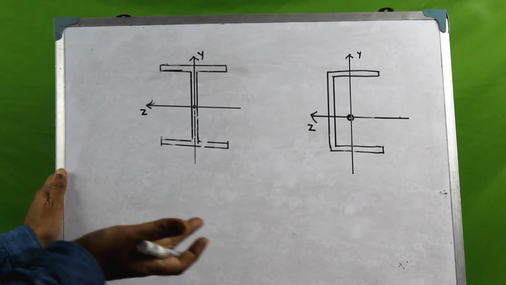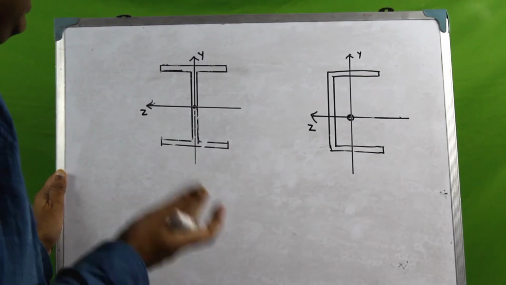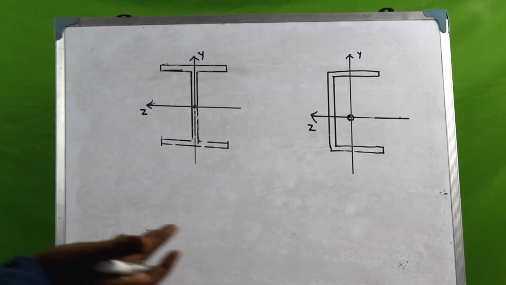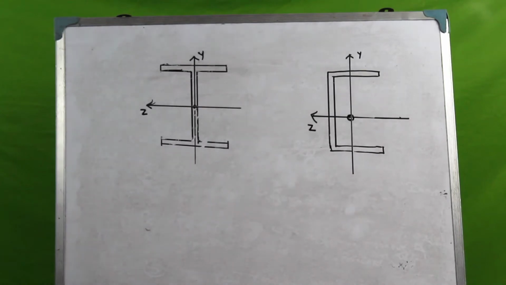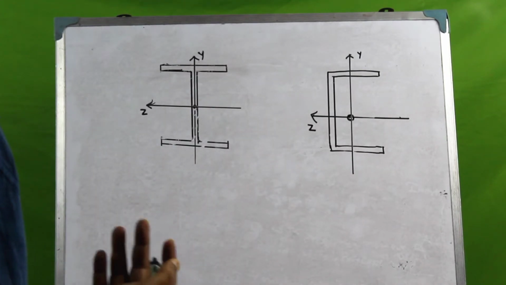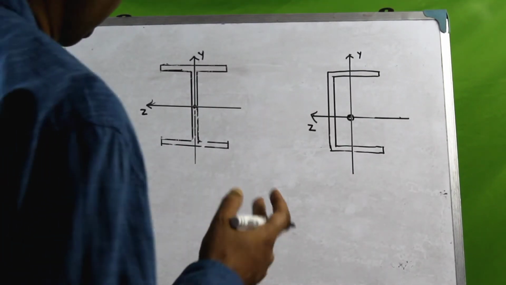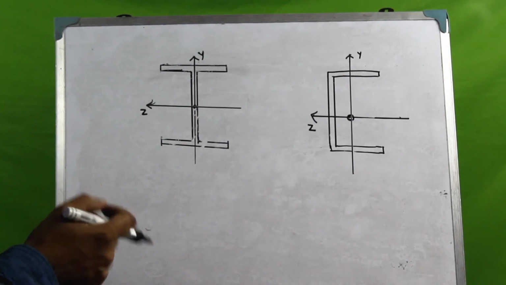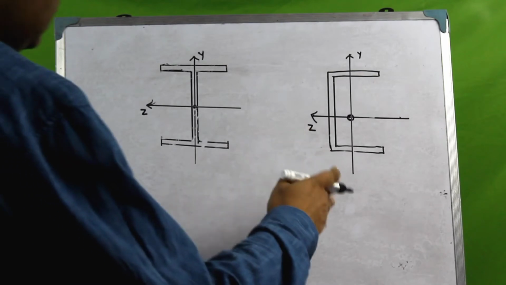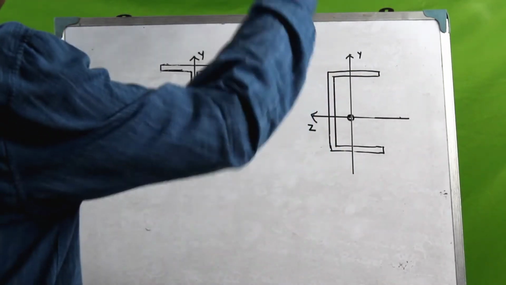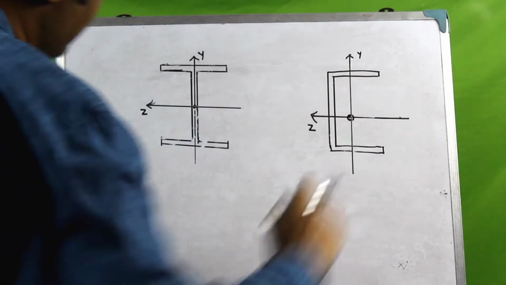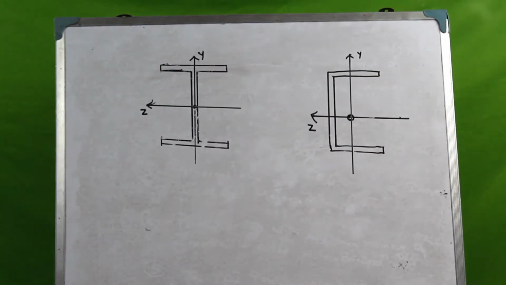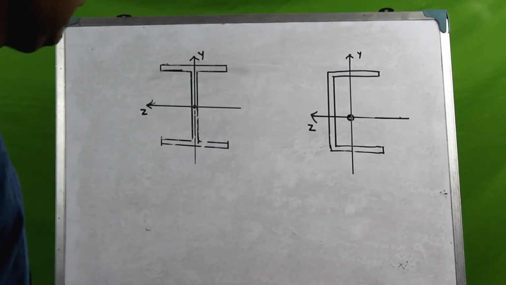On the other hand, we have also said that there were two principal axes, and the other principal axis would be located at 90 degrees away from this particular principal axis. So this would mean that this y-axis, which is perpendicular to the z-axis, is actually the other principal axis of the singly symmetric section.